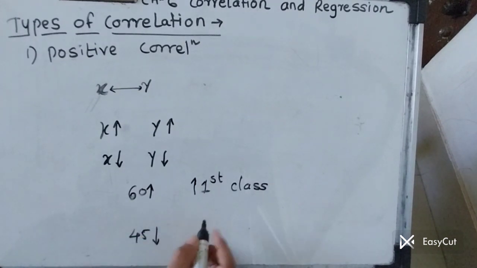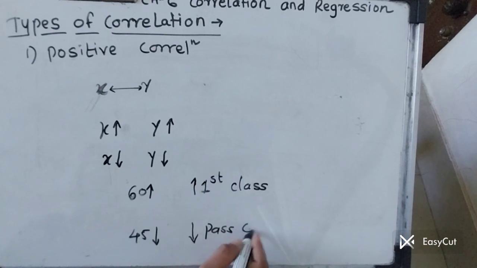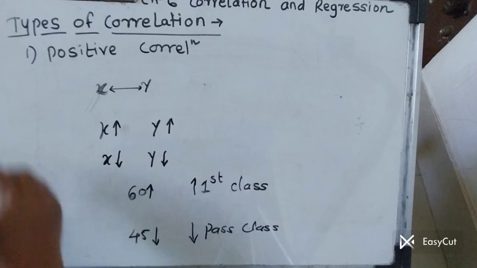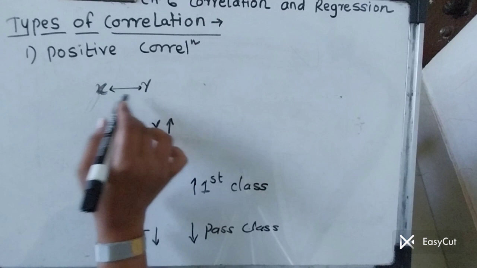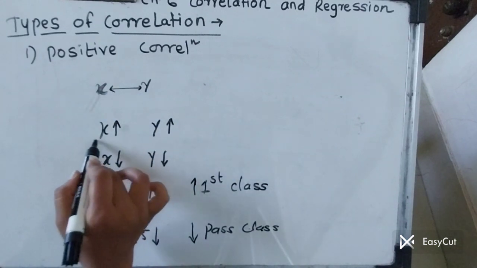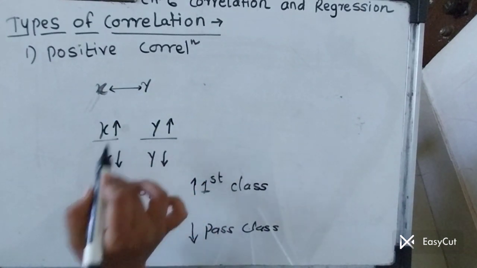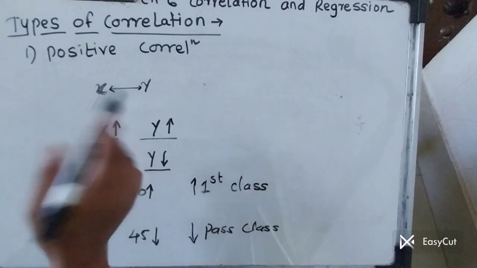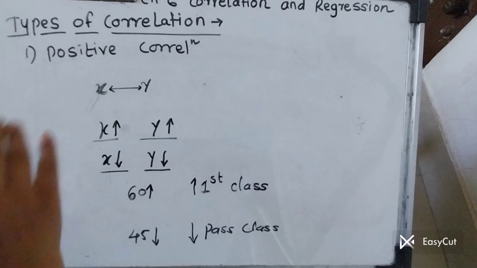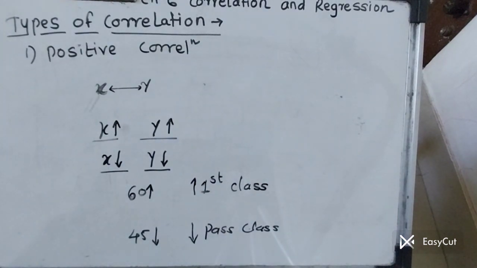So x decreases, second class, pass class. So quotient also decreases, second variable also decreases. We call it a positive correlation. Positive correlation means they are highly correlated. If x increases, y also increases. X decreases, y also decreases in the relation. So it is called a positive correlation.